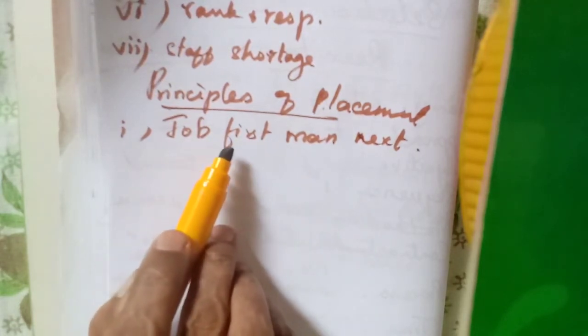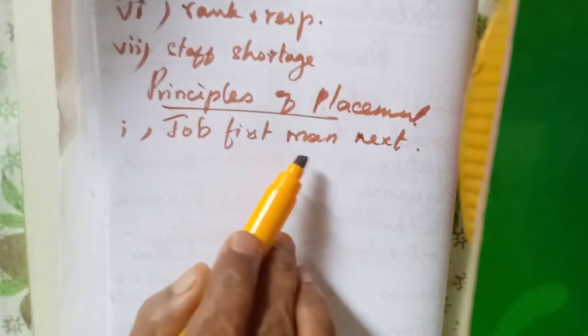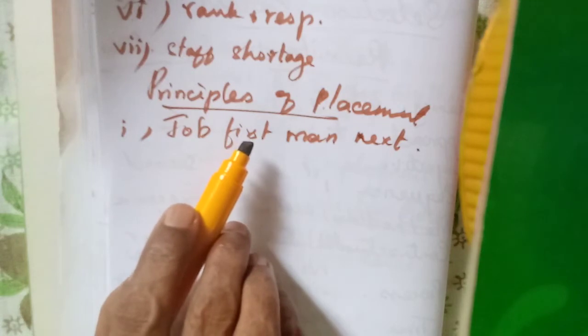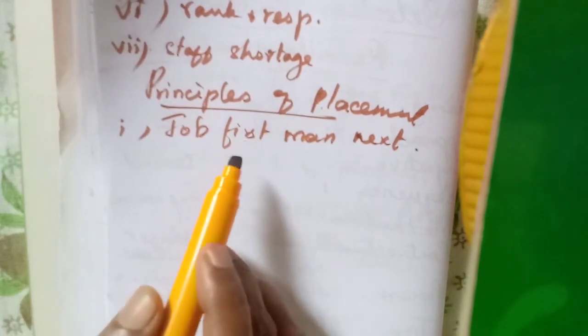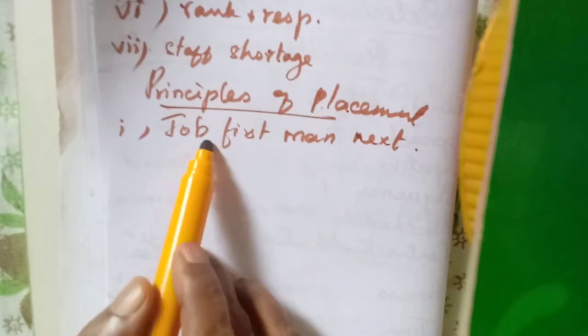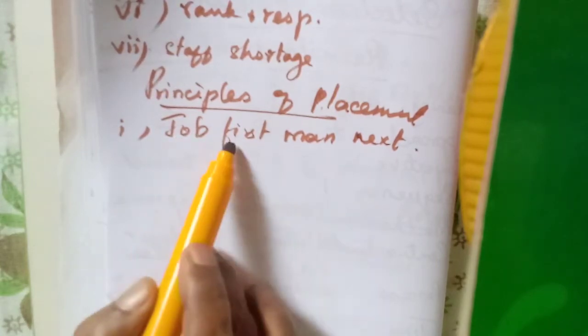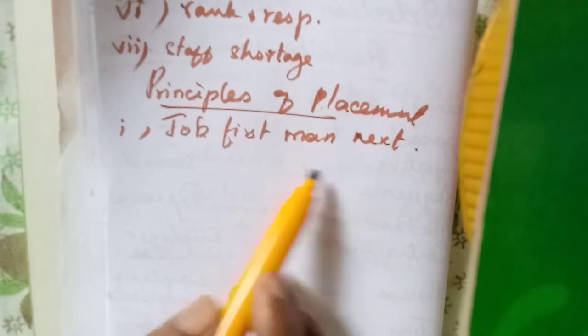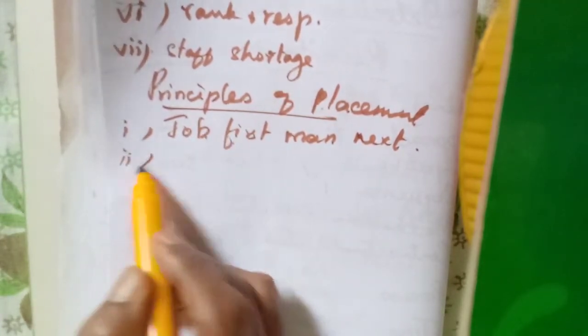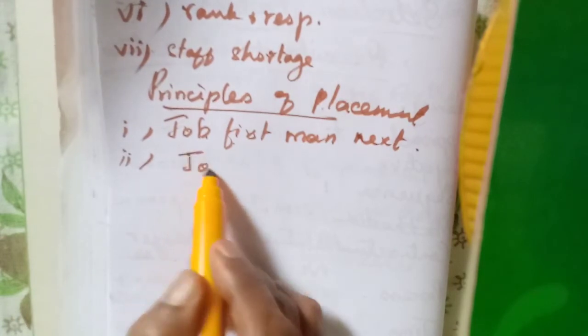First they have to select the job. For this job, who must be placed, who must be assigned for that job. First importance must be given to the job, then only for that job, that man will be assigned, appointed.